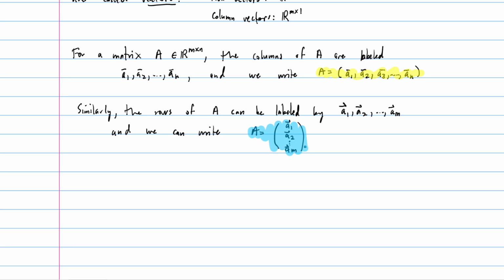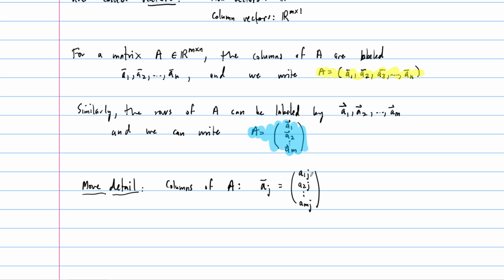So there's another way to write the matrix. In a little bit more detail, the columns of A: if I write A_j, this would correspond to the column vector A_1j, A_2j, all the way through A_mj.